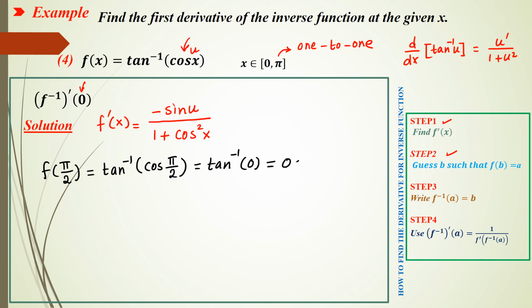This means that f of pi over 2 equals 0.